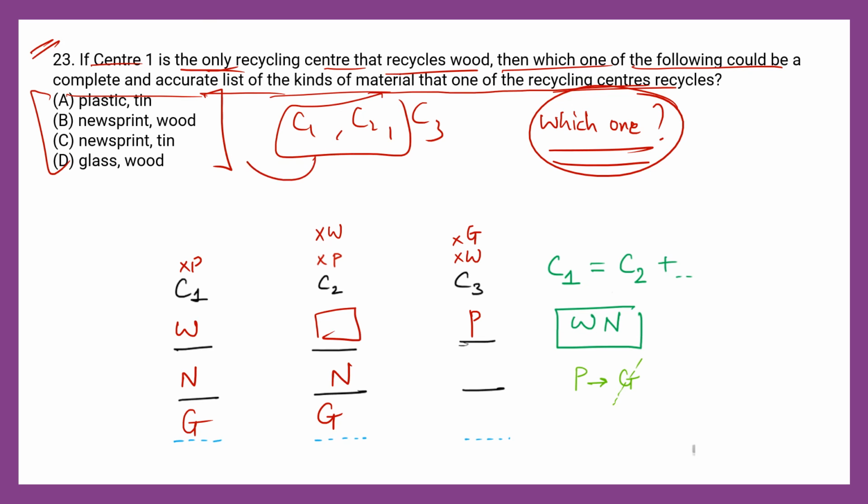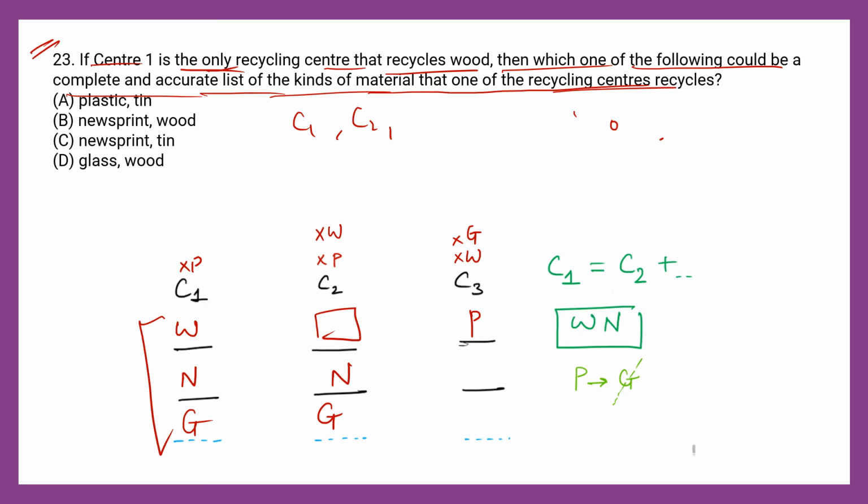Let's see if we find that in here. C1 has three things, right? You can see that C1 has 3, but none of the options has 3, which means that this is definitely not representative of C1, right? Because if it were C1, you would have had 3 things here. Do you find any option representing C2?